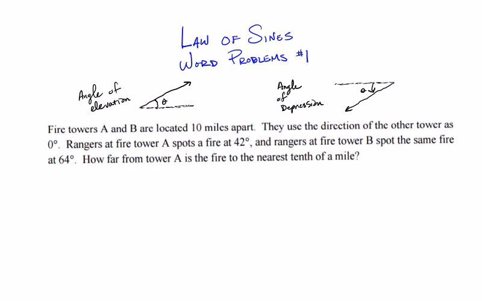Those are two, but then sometimes you just have a picture that you have to make sense of and think about what would be the most logical way to draw the picture. Once you can take the word problem and make a picture, we should be able to get a triangle, right? And that triangle should be able to be solved by using the law of signs. If your picture's not turning into a triangle, we probably should go back and read the problem, because when you use the law of signs, you have to have a triangle and you have to know three pieces of information.